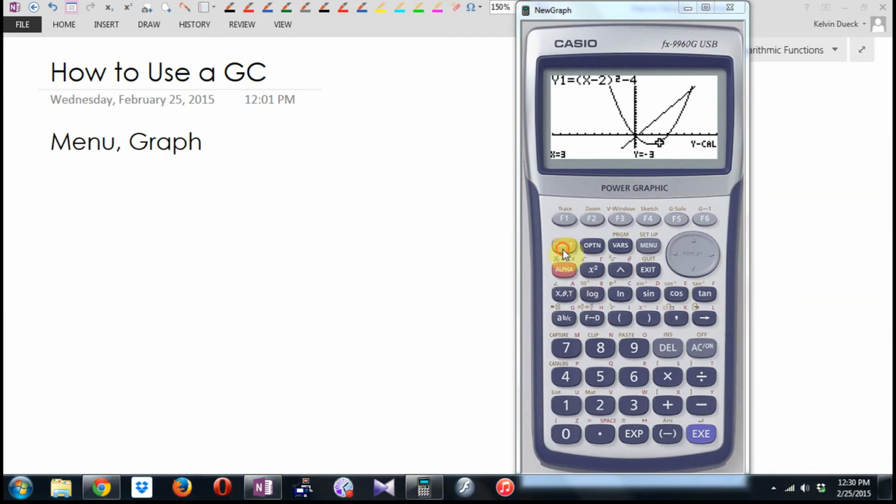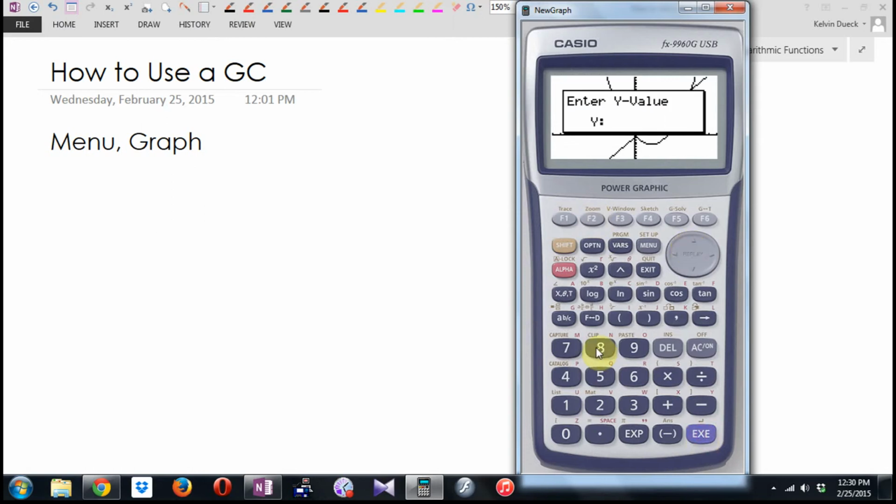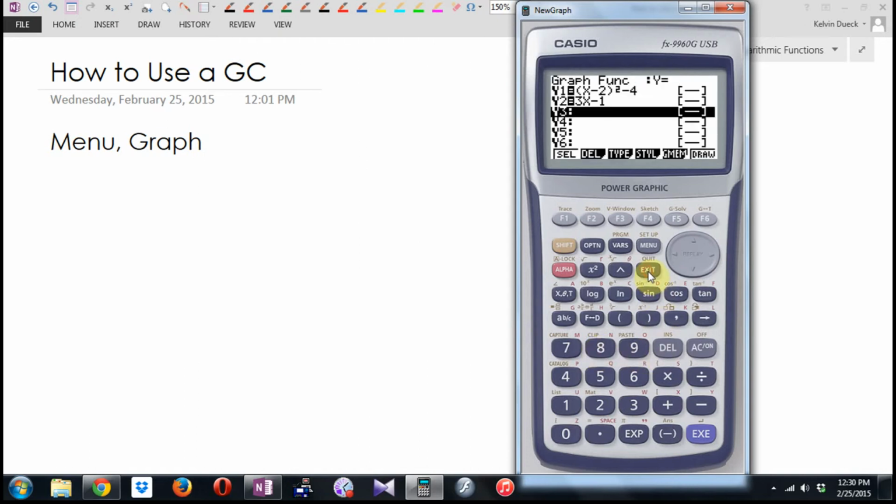Sorry. This will also, if you go G-solve and arrow sideways, find an X value. So I have to tell it which graph to use. I'll do the parabola again. And it's saying, okay, enter a Y value, and I'll tell you which X value goes with it. So, again, ready? Watch.